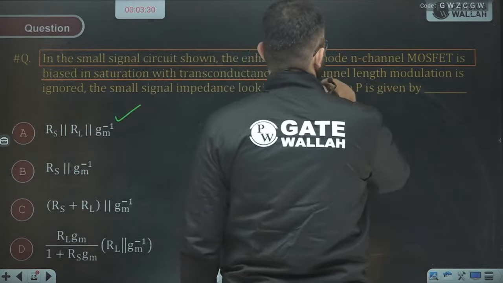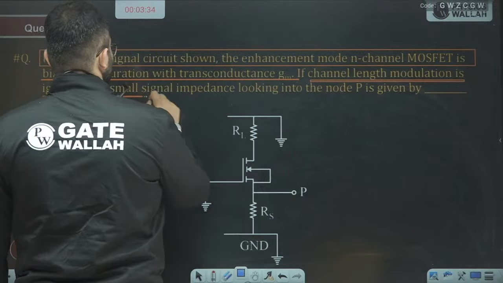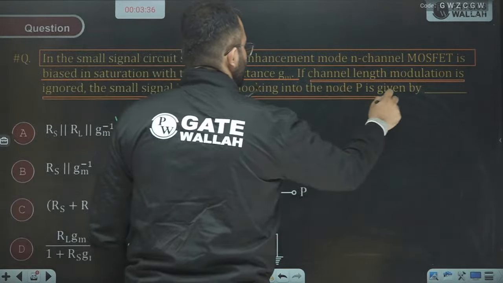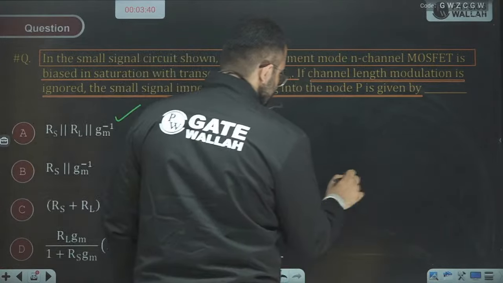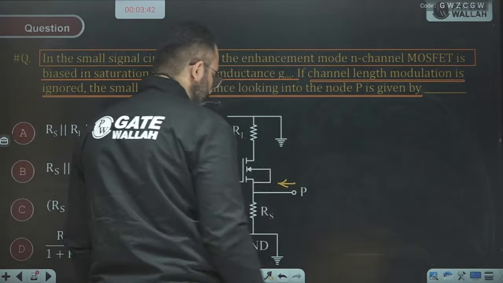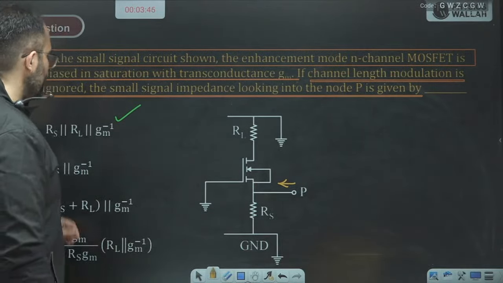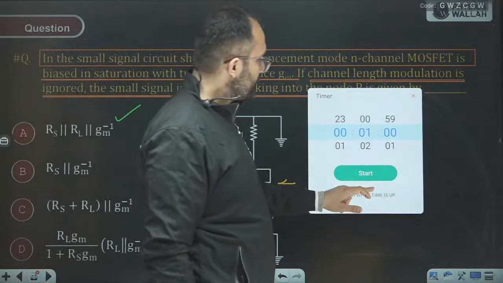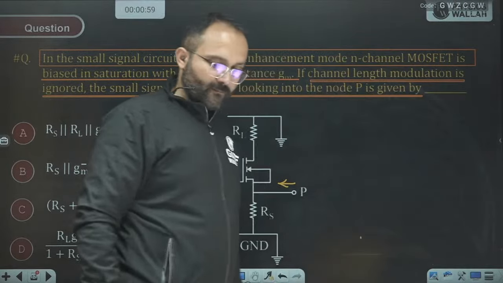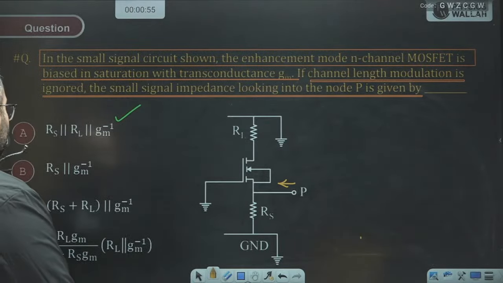If the channel length modulation is ignored, the small signal impedance looking into the node P will be what? I don't think any problem is there in this question. Without using the pen, we can answer this. What is the answer, friends?